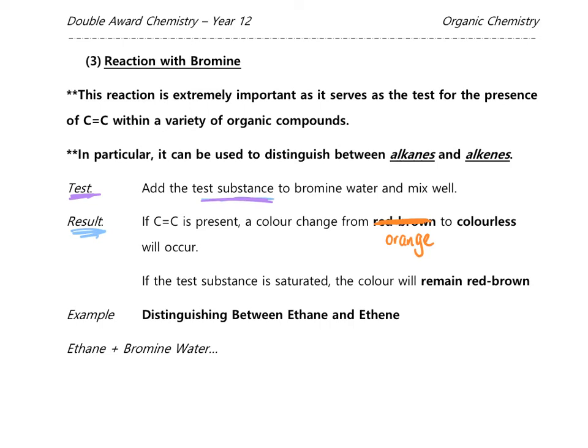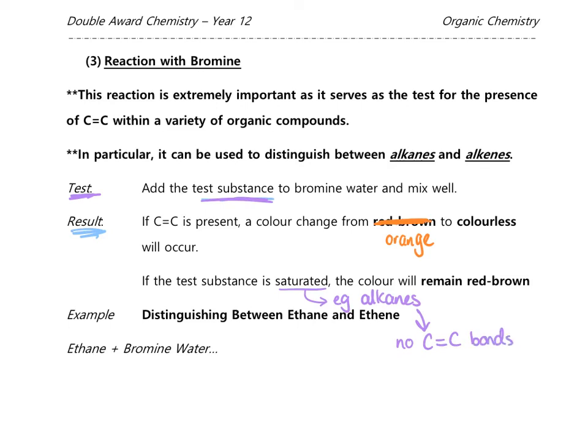If the test substance is saturated, what do we mean by that? Well, we described alkanes as saturated. So alkanes are saturated, and they will not possess carbon-carbon double bonds.